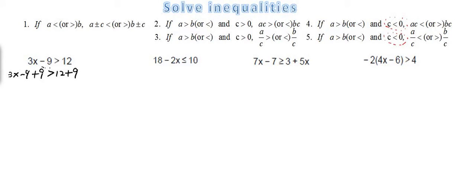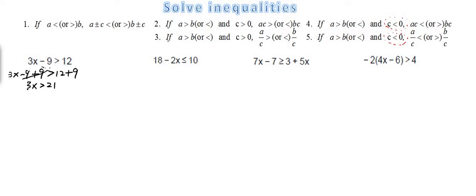Then 3x minus 9 will cancel out the 9, and we're gonna get 3x greater than 21. We don't need to care about the sign because we do addition or subtraction; the sign of inequality will not change. We just follow rule number 1.